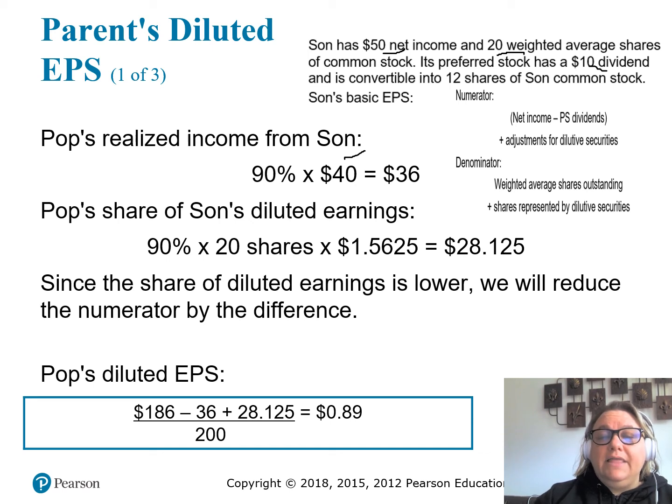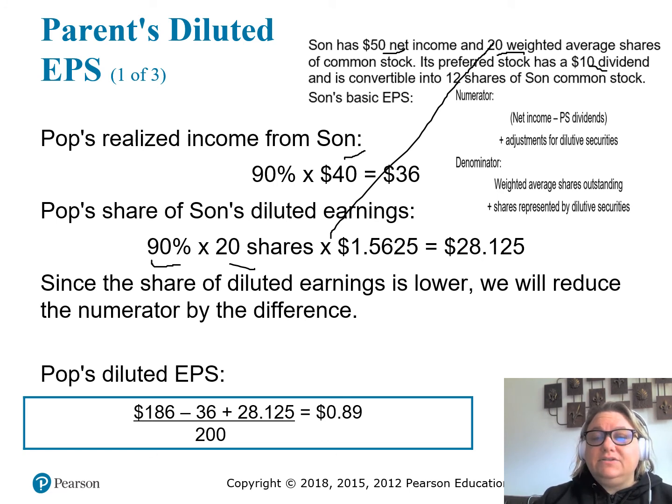So we're going to multiply that common share by the 90% ownership times the 1.5625 to get 20, and that's $28.125.